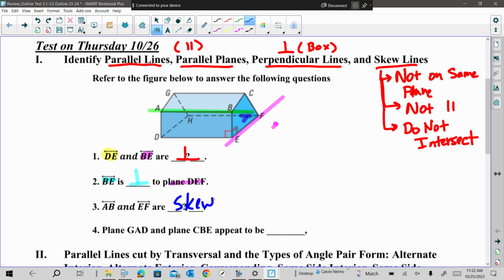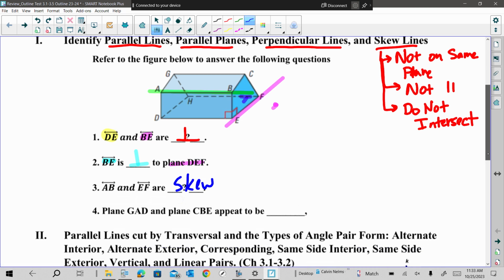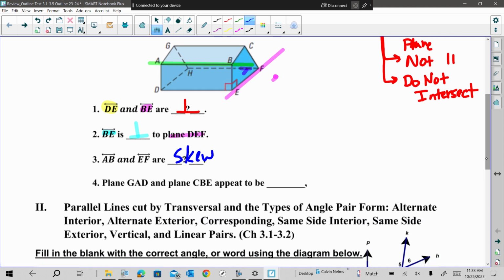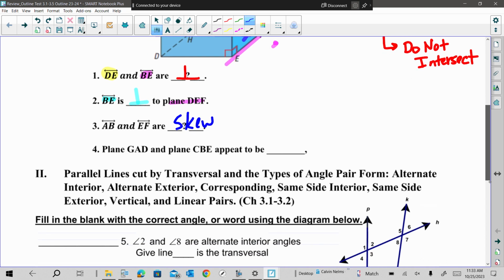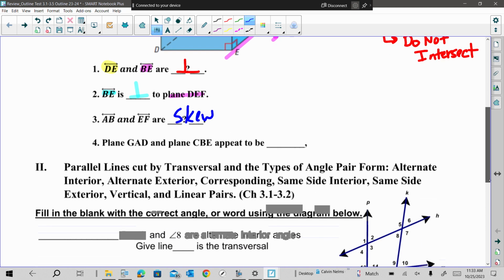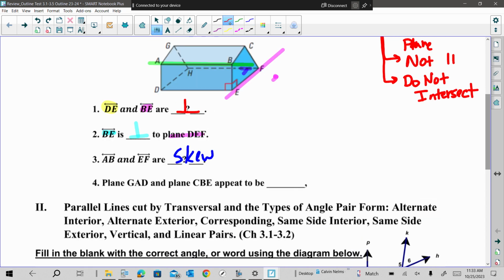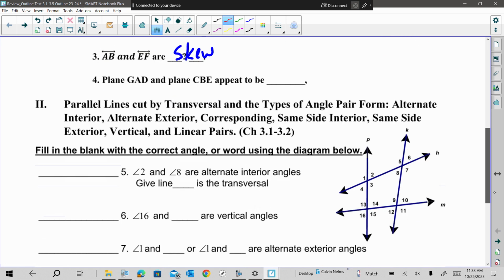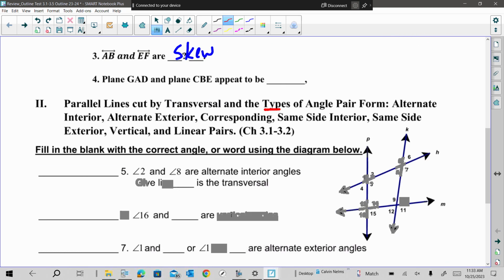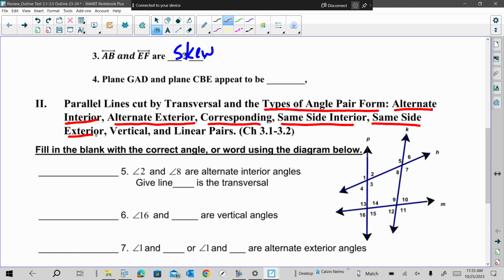Okay, so that's reading off the diagram. We're going to get some type of 3-dimensional shape to read it off of. Now, in section 2 here, they are going to give you parallel lines cut by a transversal. So you have to know the types of angles formed. You need to know alternate interior, alternate exterior, corresponding, same side interior, same side exterior, your vertical and your linear pair.